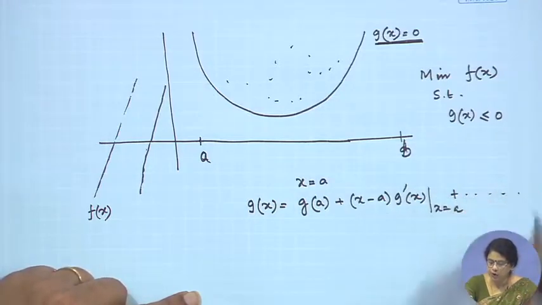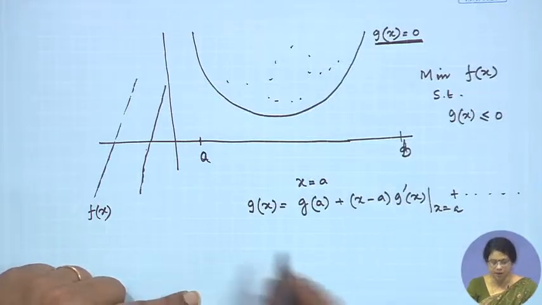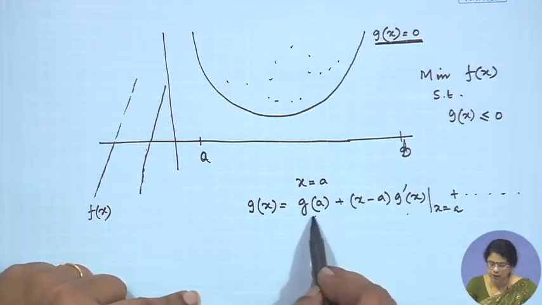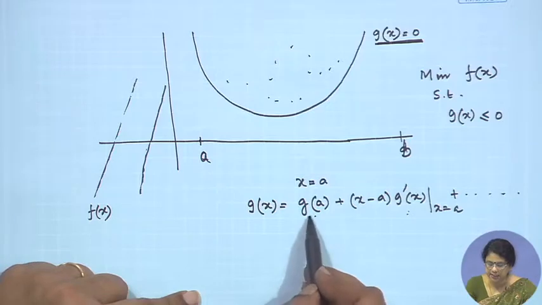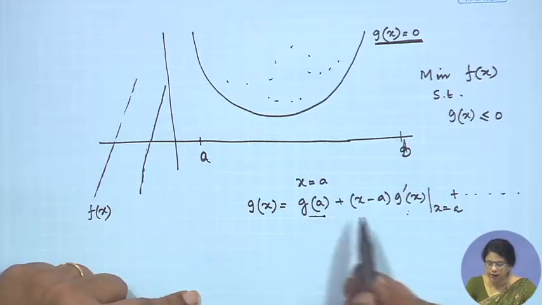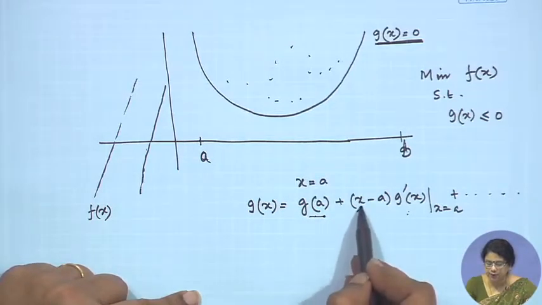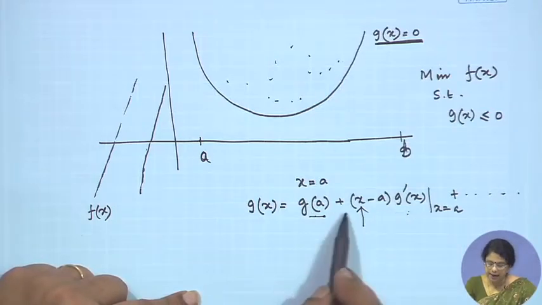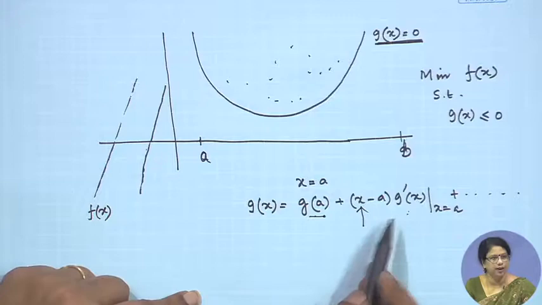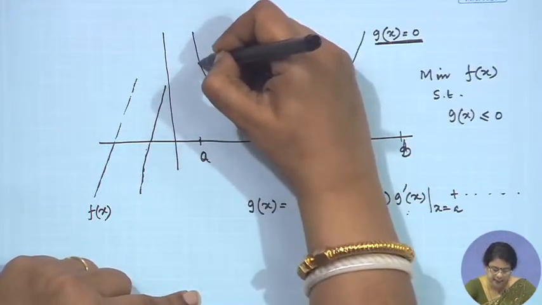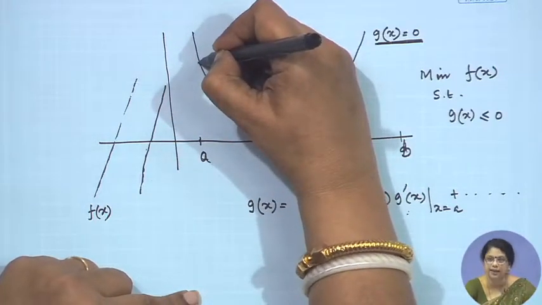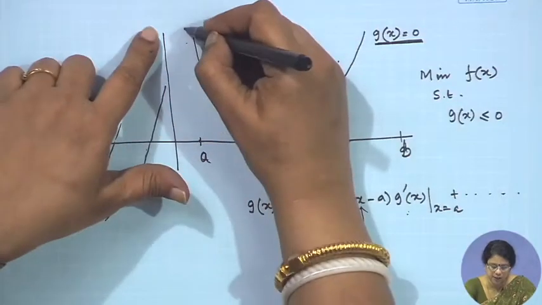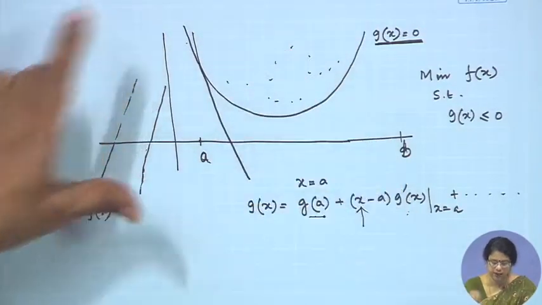Let me ignore all these higher terms. If I consider just these 2 terms, g(a) is a constant and only x is involved, so it becomes a linear function. This nonlinear function is thus approximated with a linear function.